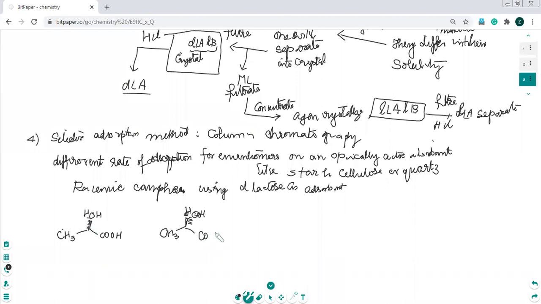Let us give the name of this compound. 1, 2, 3. It is methane, ethane, propane, propionic acid. Which propionic acid? It is alpha, beta hydroxy propionic acid or 2-hydroxy propionic acid.